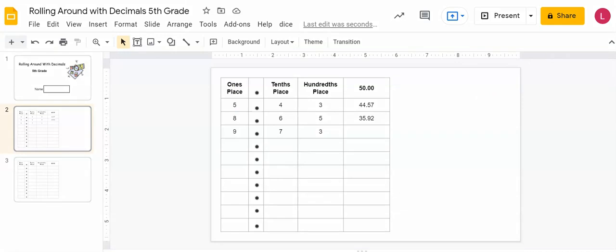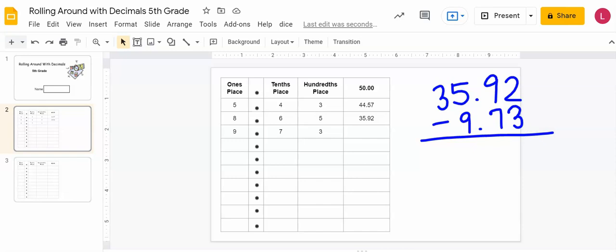So now I know my total was, let me get my pen back, 35 and 92 hundredths. And now I'm going to subtract 9 and 73 hundredths.